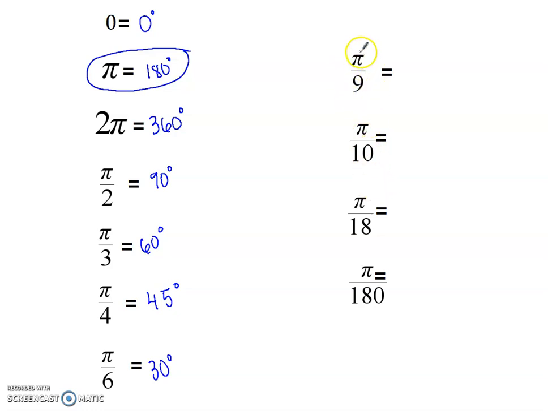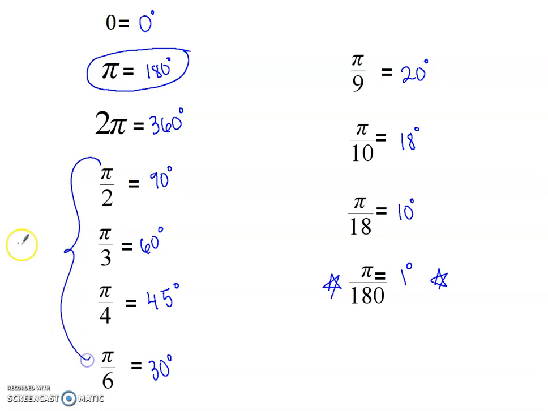So pi over 9, remember pi is equal to 180 degrees, so 180 divided by 9 would give us 20 degrees. 180 divided by 10 would give us 18 degrees. 180 divided by 18 would give us 10 degrees. And pi over 180, that's 180 over 180, that would be 1 degree. So these are very common.